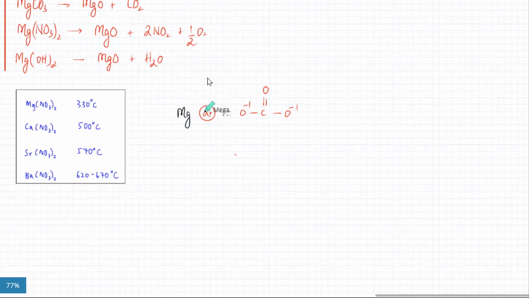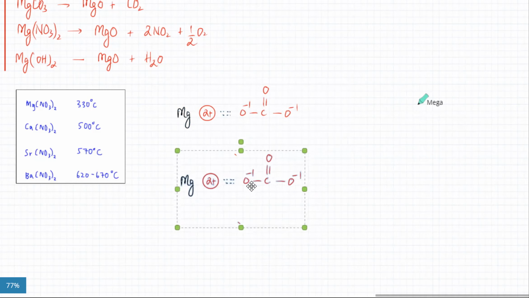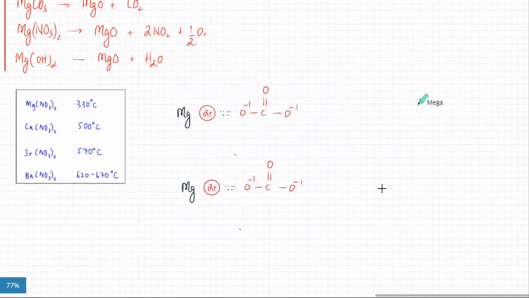And similarly, as you move down the group, the only difference that will exist is, let's say I've got barium carbonate. Now, the only difference between Mg and barium is that barium is going to be a much bigger ion. It will still have a charge of 2+, but it's going to be bigger in size.